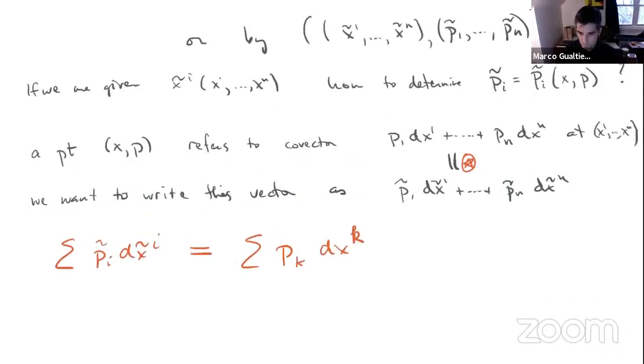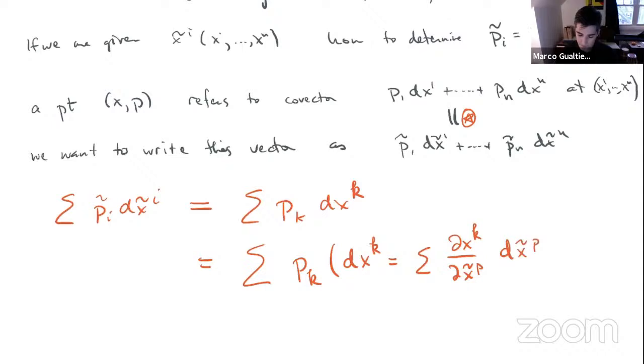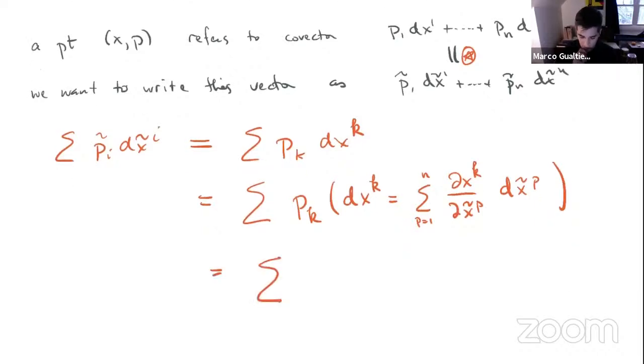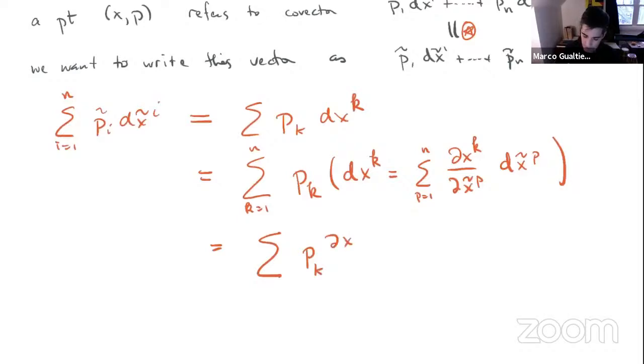And if I can write this dxk in terms of a sum of dxk over dx tilde p times dx tilde p, where p goes from 1 to n, then I'll get that this is a sum over k from 1 to n and I from 1 to n, of pk dxk over dx tilde p, dx tilde p.